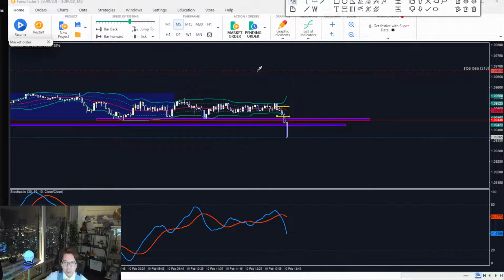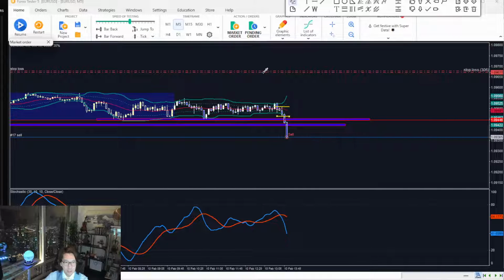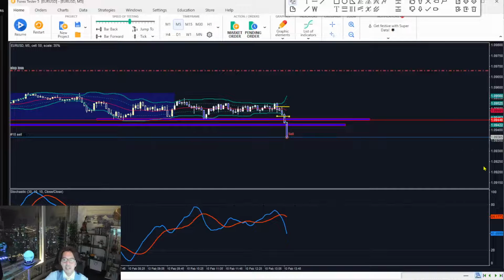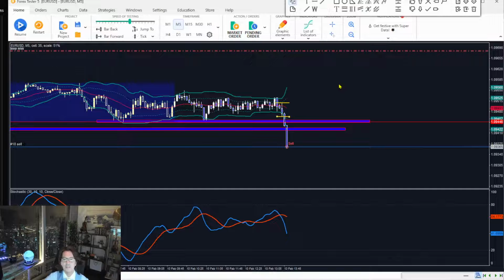Would be, let's see, 30 pips above, 31 pips above, for example. And as you may know, I enter 2 trades, 2 stop losses always. So I enter 2 sells, risk 1% each, then stop losses on the same level like this way, sell. Okay, so I just execute sell on this Forex Tester.